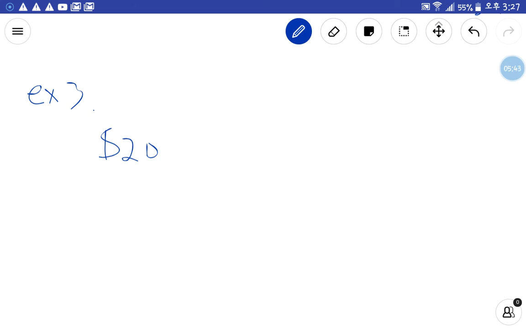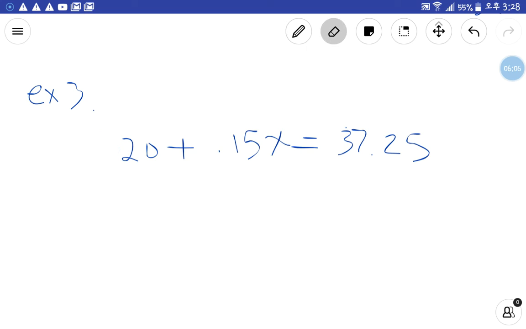Alright. So, you have to think about how we can set up this equation. So, you are paying $20 monthly. Additionally, 15 cents per minute. But how many minutes do we have? Unknown. That should be equal to the bill, $37.25. This is an equation, so we don't have to put a dollar sign, get rid of it. Now what? We're going to solve it.